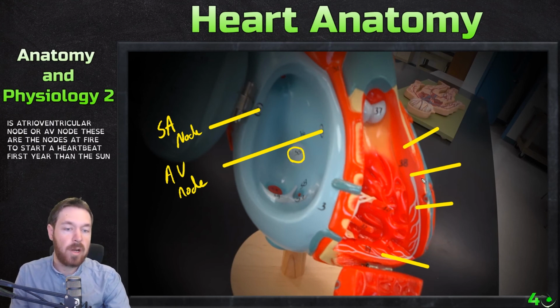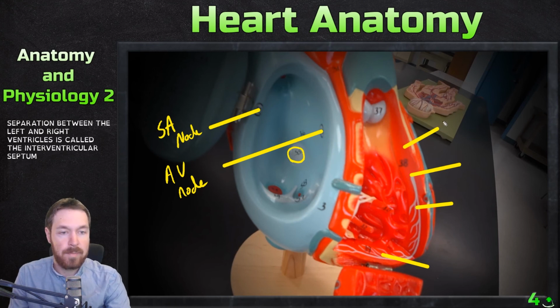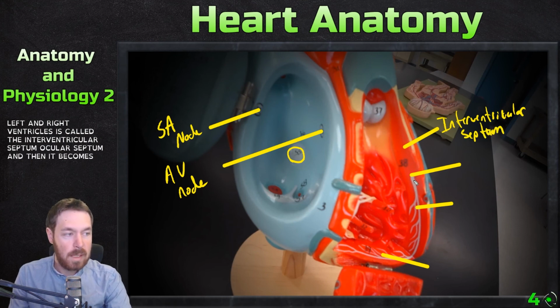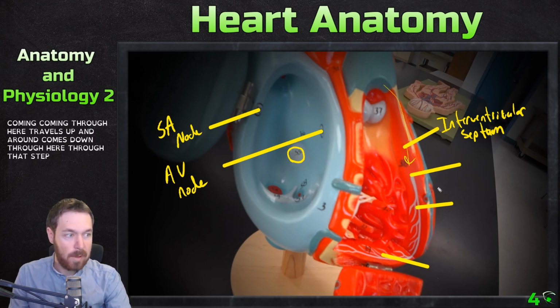First here, then the separation between the left and the right ventricles. That's called the interventricular septum. Ventricular septum. And then the pulse is coming through here, travels up and around, comes down through here, through that septum, and then branches out to each ventricle so the ventricles can contract in unison.